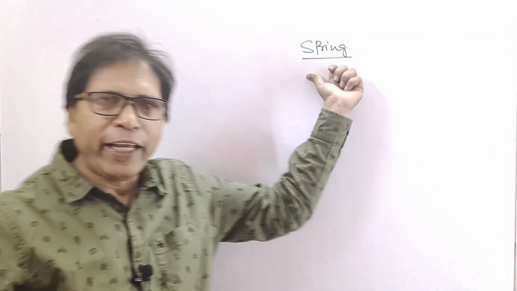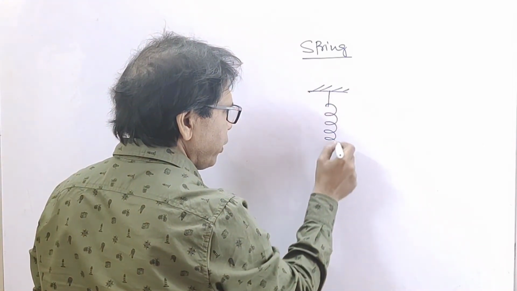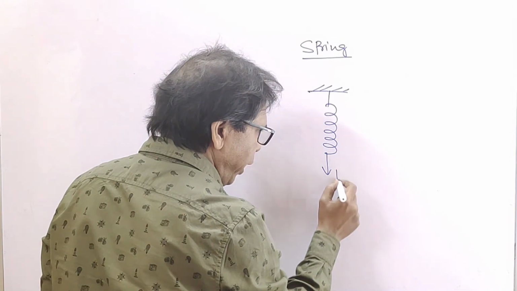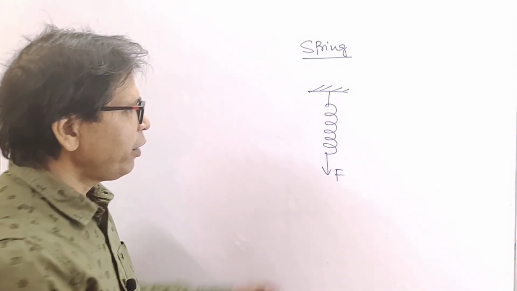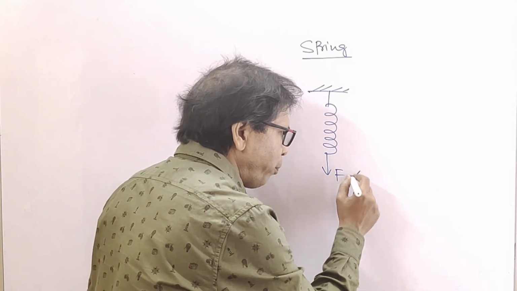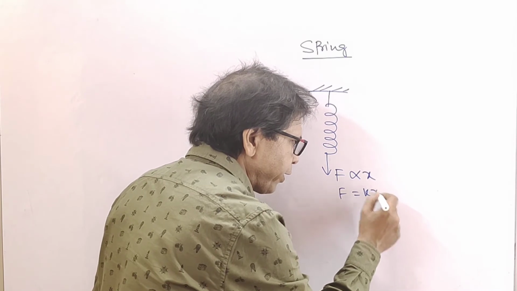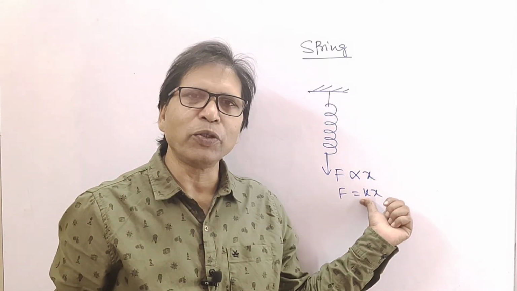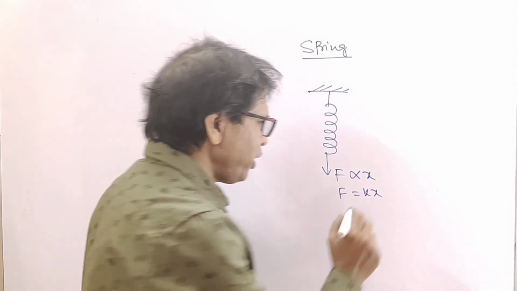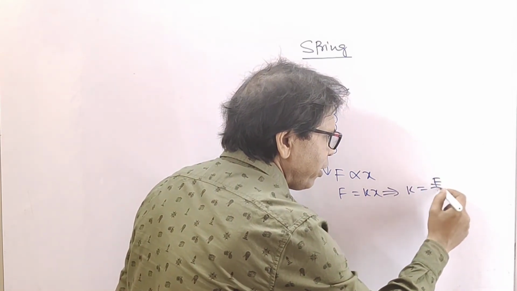Okay, now energy stored in a spring. Look at this, this is a spring. If a balanced force F acts on the spring, its increment of length is x, and F is proportional to x. Therefore F equals Kx, where K is the force constant, which is equal to F by x.